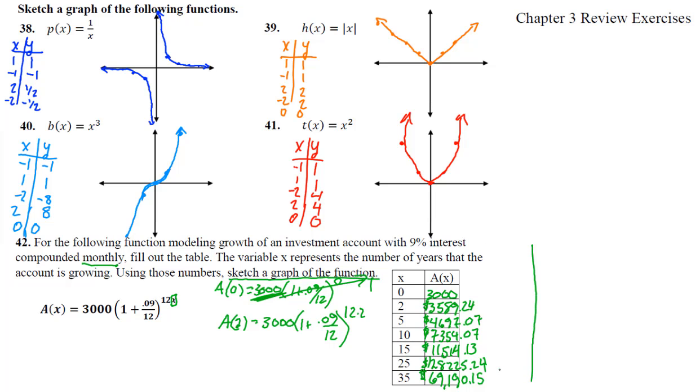Okay, yeah, we're not going to be totally exact with this, but this will help us do it. So we've got to go from 0 to 35, so 10 years, 20 years, 30 years, 40 years. So that's about 35 where we're going to end up right there. 10, 20, 30. Okay, so there's 25 and 15 and 5.